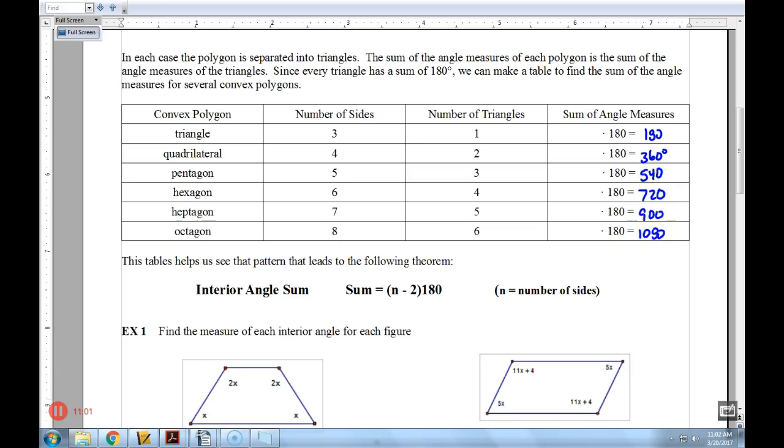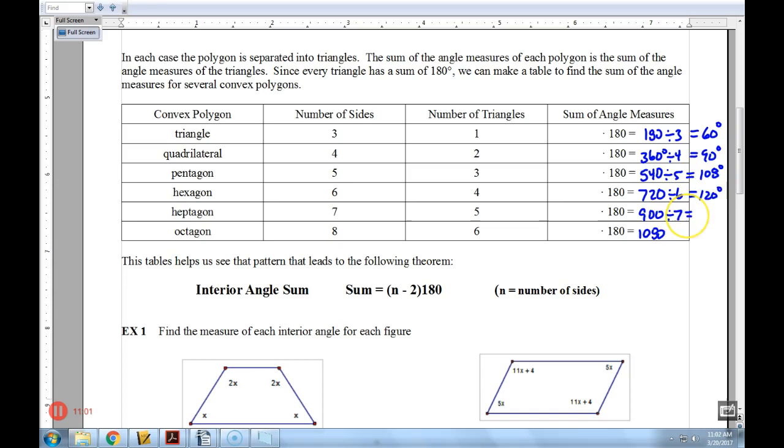To find each angle, and this is if they were perfect shapes, where every angle was the same: if you divide by 3 sides, that would be 60 degrees apiece. If you divide by 4 sides, a perfect quadrilateral is a square. If you divide a pentagon by 5 sides, that would be your 108. If you divide the hexagon, that would mean each one is 120.